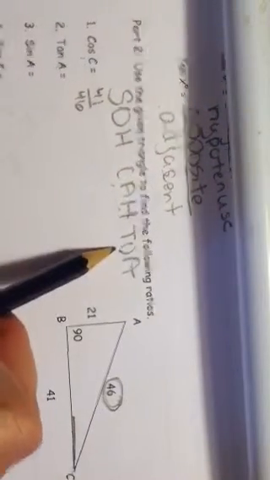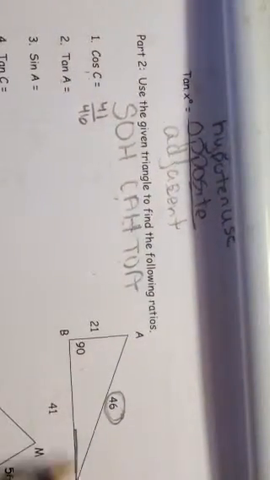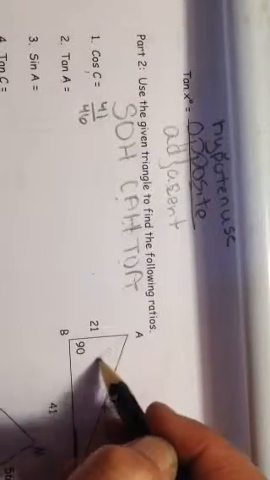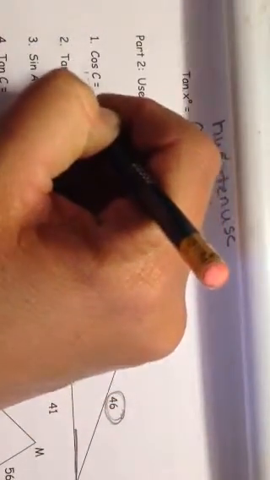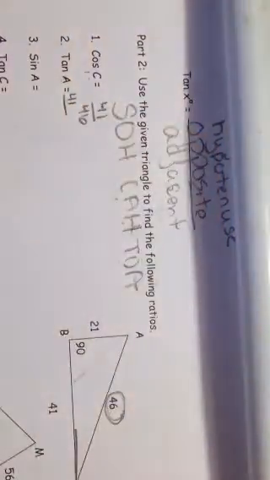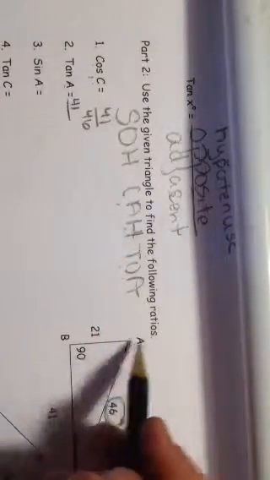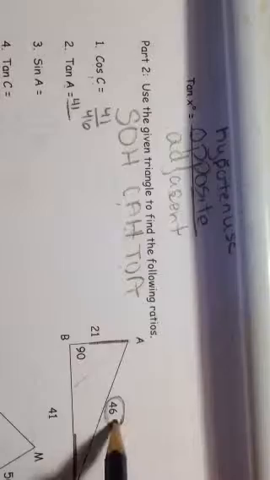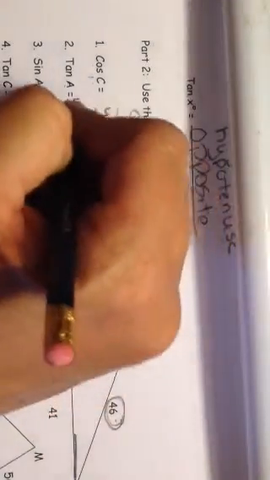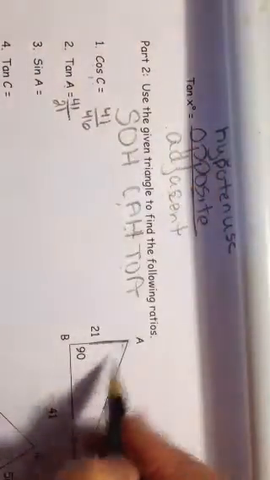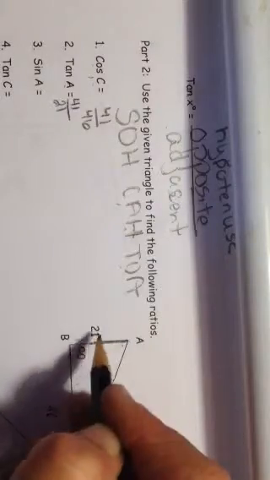Tangent, TOA, opposite over adjacent. But we've got to look at A this time. So here's A, opposite is across from it, so that's 41 over adjacent, which would be here, because we can't use the circled one, that's the hypotenuse. So opposite 41, adjacent 21.